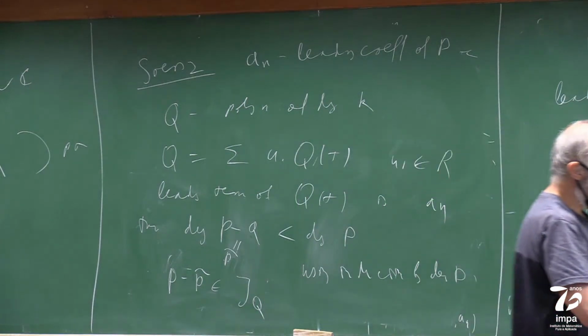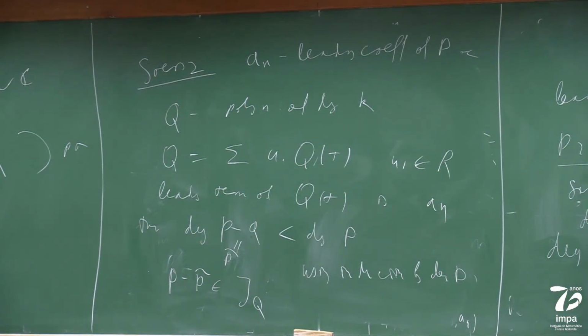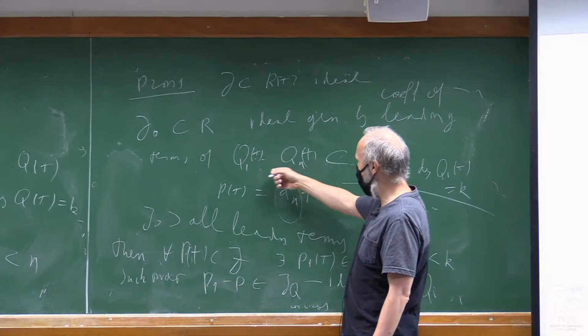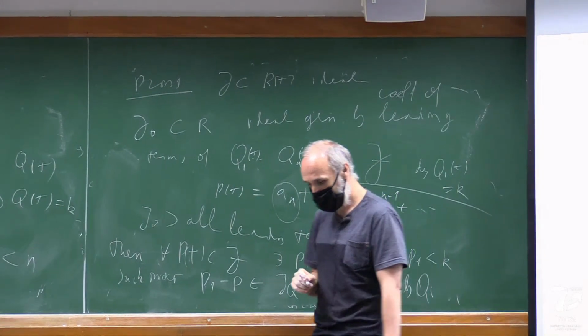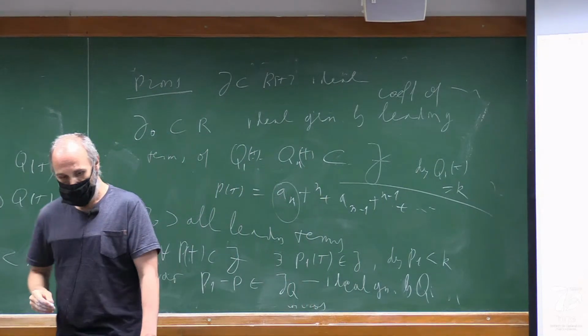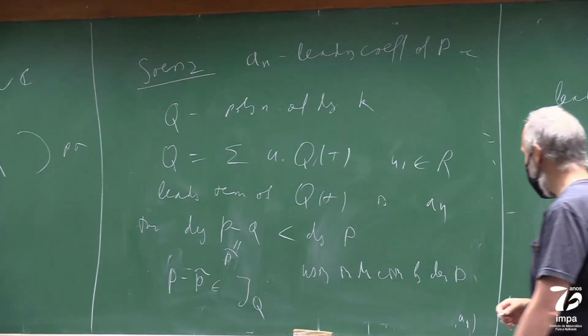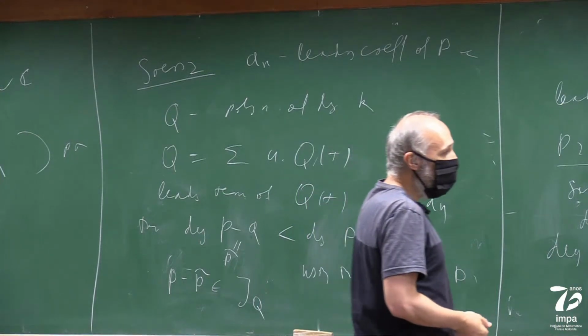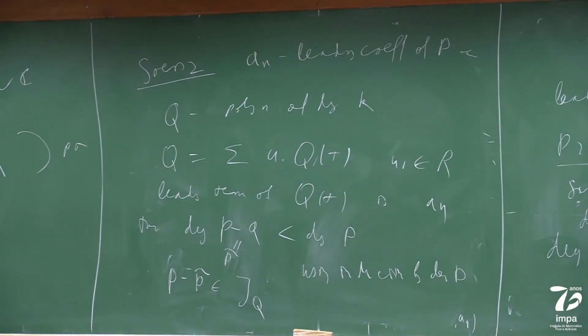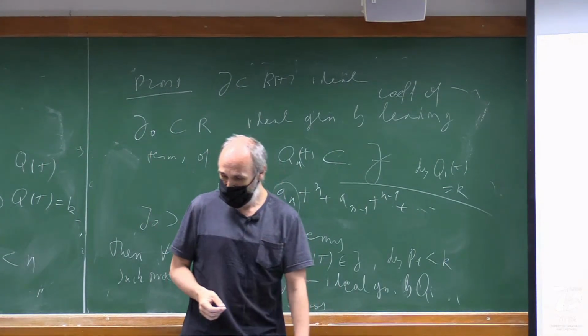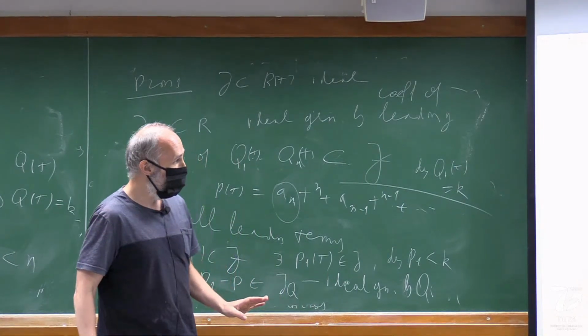At every step we subtract the leading term, because we know that the leading terms can be expressed through leading terms of Q_i. In the end, we obtain something which has degree less than k, because all these polynomials have degree k. Am I clear so far?